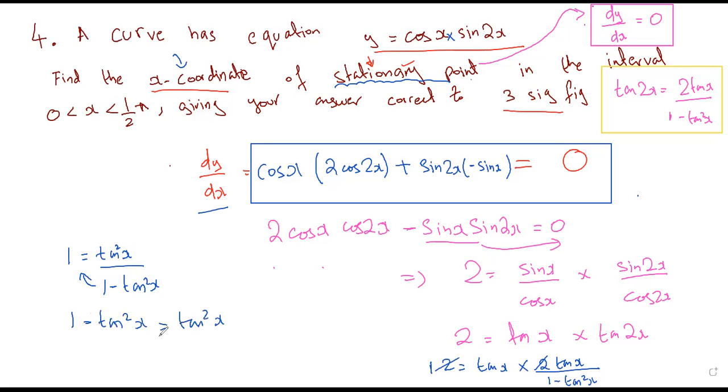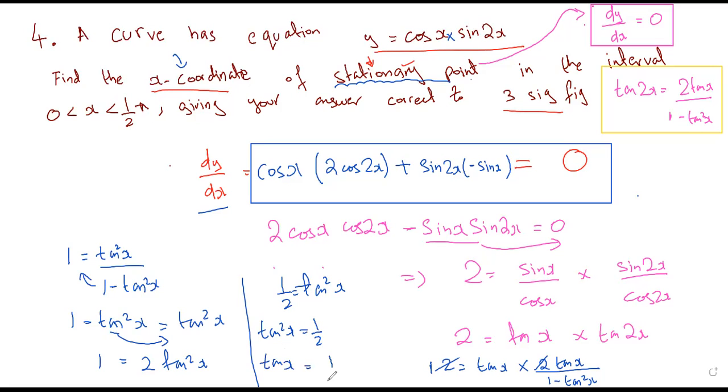Now I can take this to that side. I'll take this to the side and I will have 1 equals 2 tan square x. Finally, I will have 1 by 2 equals tan square x. I can write it this way: tan square x equals 1 by 2, and finally I can take under root on both sides, so I have tan x equals 1 by under root 2.